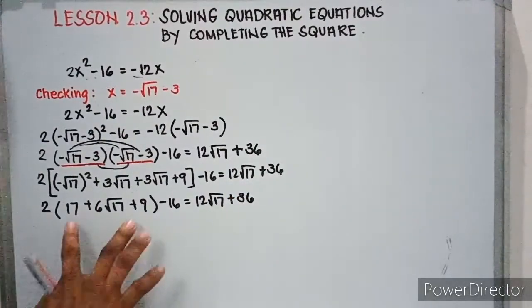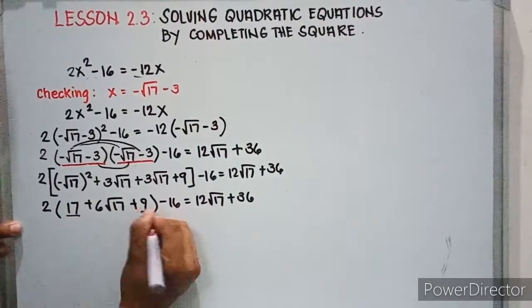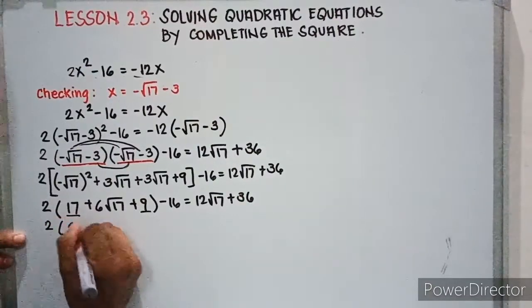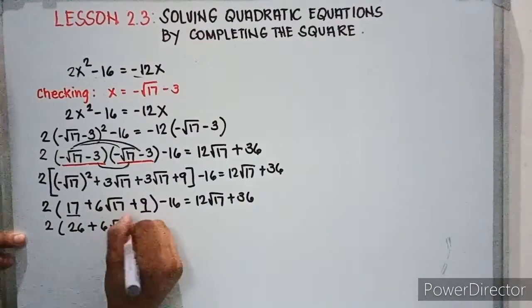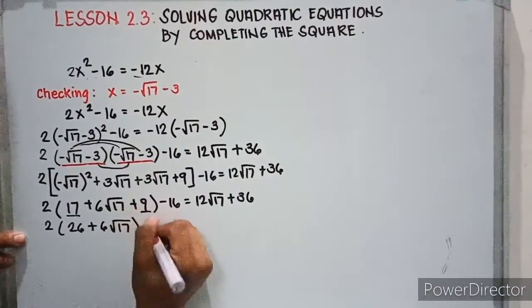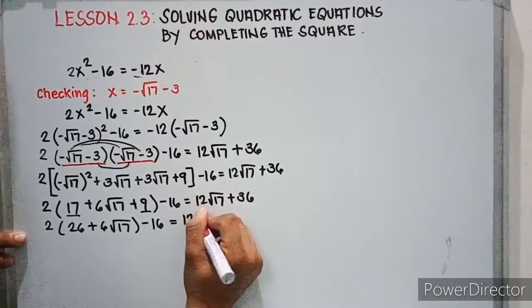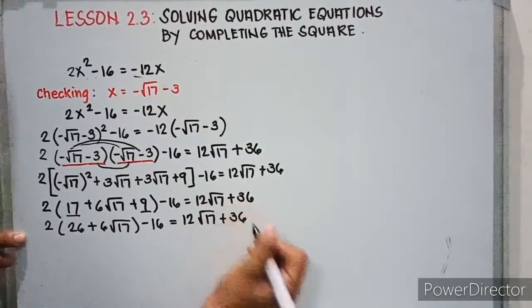Okay, then add what is inside the parentheses. So we have 17 plus 9, that is 26. So 2 times 26 plus 6 square root of 17 minus 16 equals 12 square root of 17 plus 36.